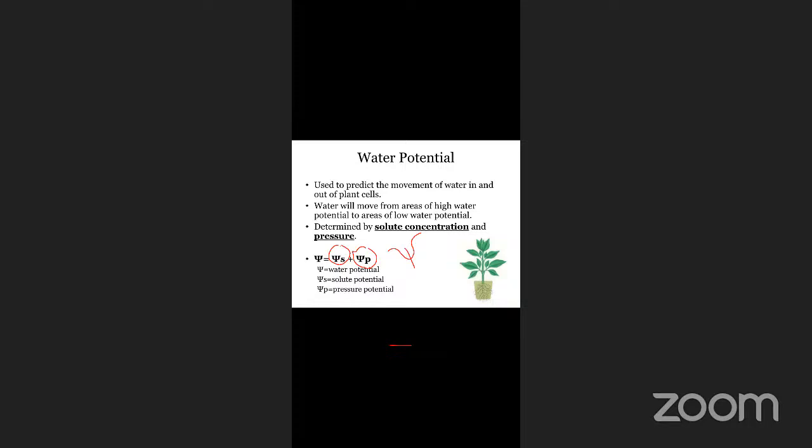For example, let me take pure water. Water potential of pure water is zero. This pure water can move randomly and be distributed in any area.